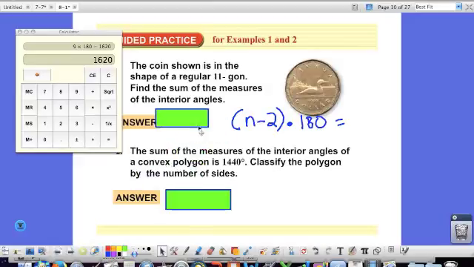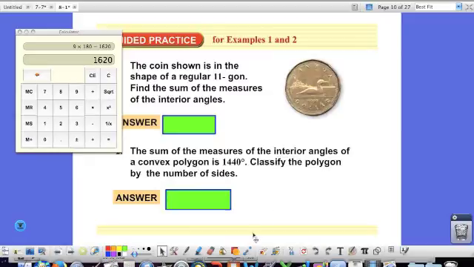In the next one, the sum of the measures, if you read the problem, they now want us to find the number of sides. You may not need to write out the formula every time.